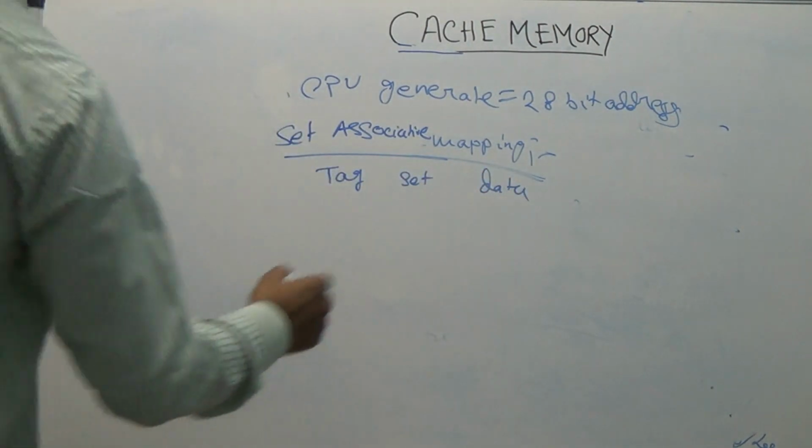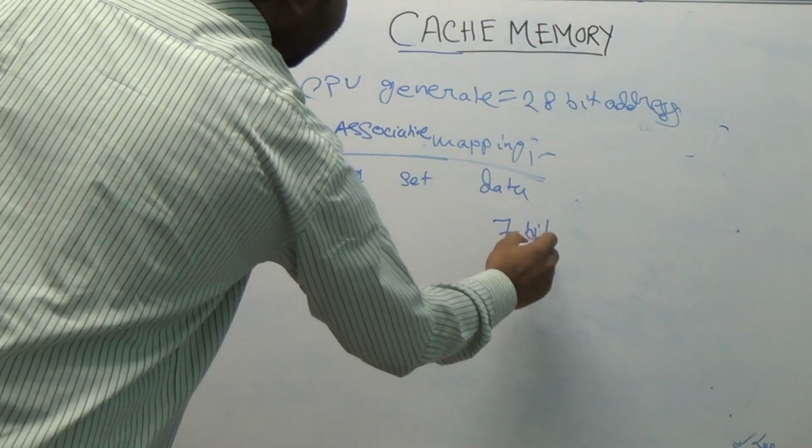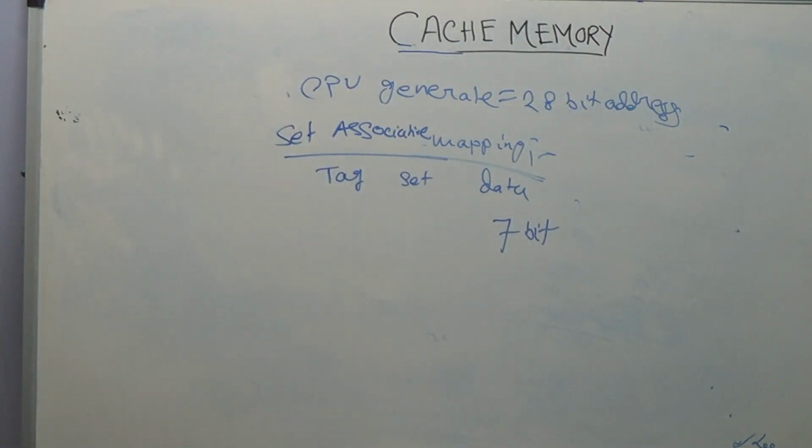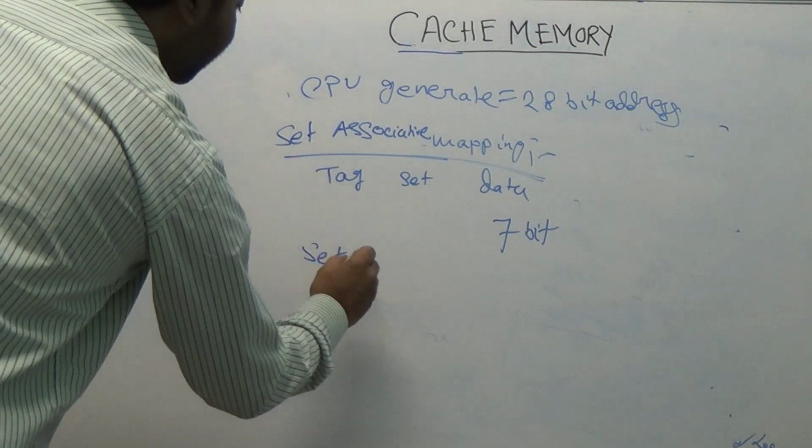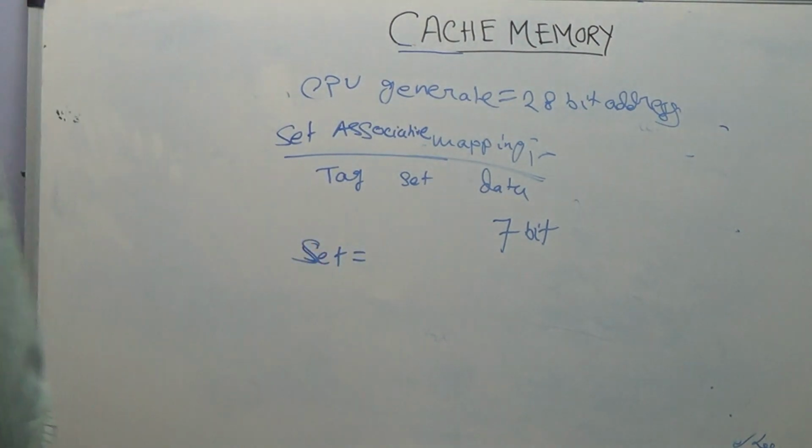We know that the value of the data is 7 bits. The remaining 21 bits will be used as tag and set field. To calculate the value of set, we have to calculate how many sets are present in the cache memory.